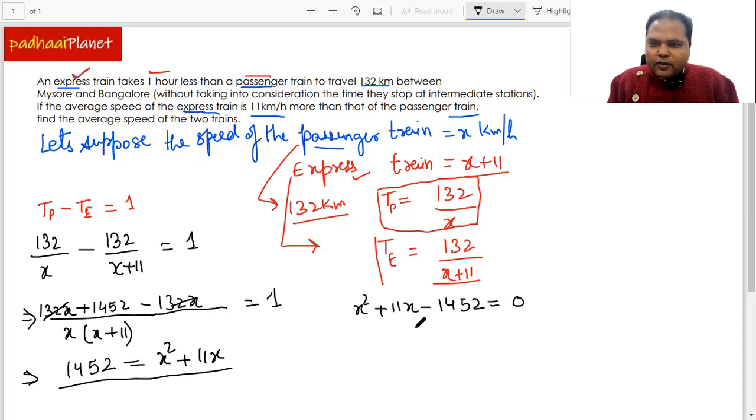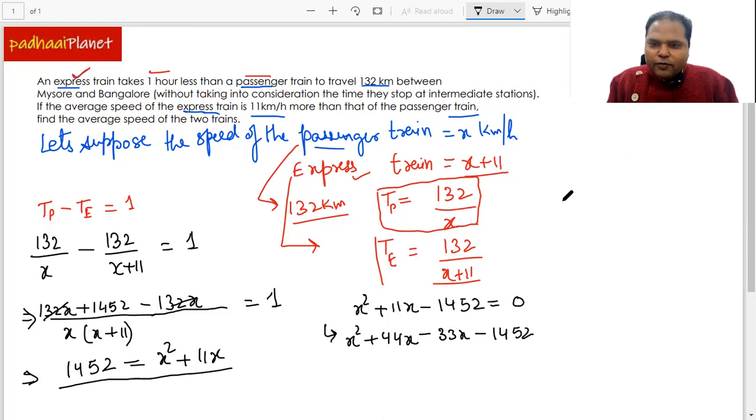Now this is a perfect quadratic equation which we can solve with the help of factorization. We'll use the split method. We can rewrite 11x as 44x minus 33x.